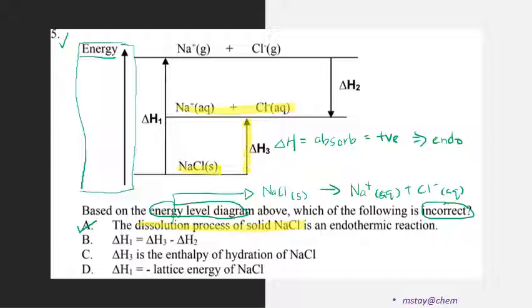option B. Option B basically, we see that it's equal to, which means we are going to relate it with Hess's law. When we want to focus on Hess's law, we need to identify where the starting point is. Yes, the starting point is here, solid NaCl, because we can see there are two arrows coming out from this.